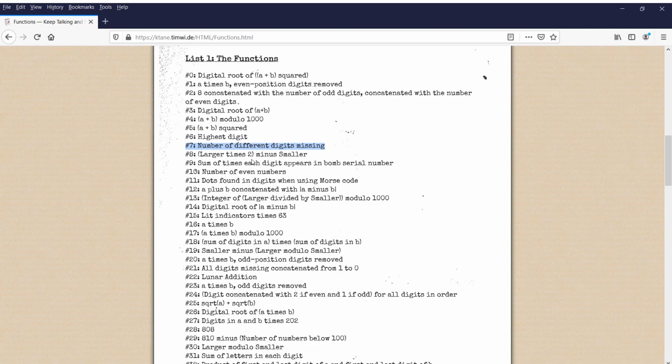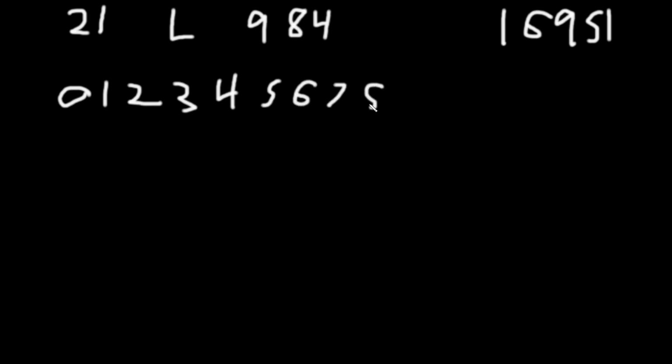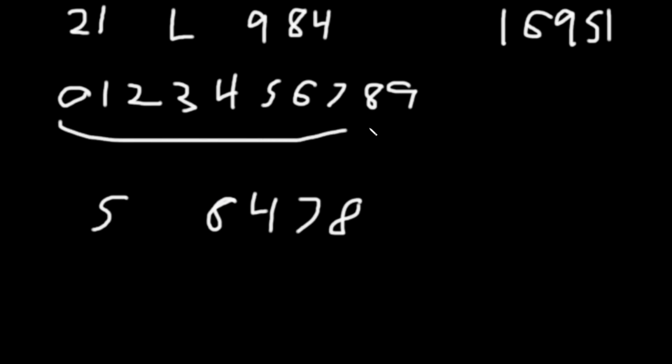The number of different digits missing. That one's a bit tricky, rather. Basically, what it means is you grab every number from 0 to 9, and with the 5 and 8, 4, 7, 8, it's saying which of these is not within one of these.